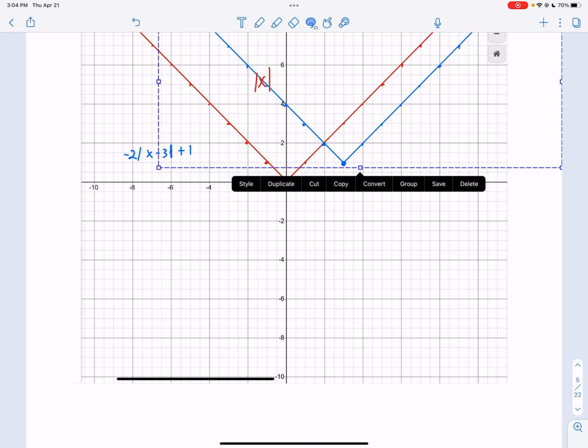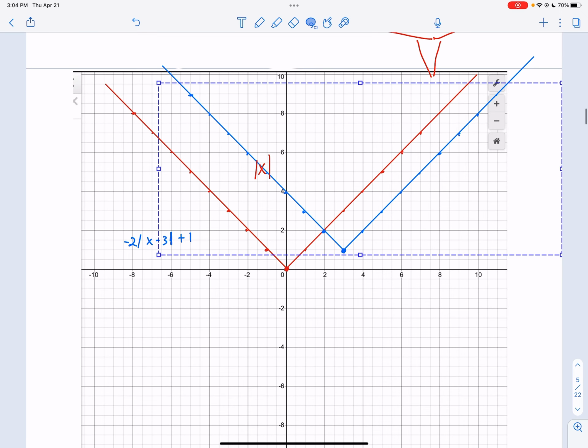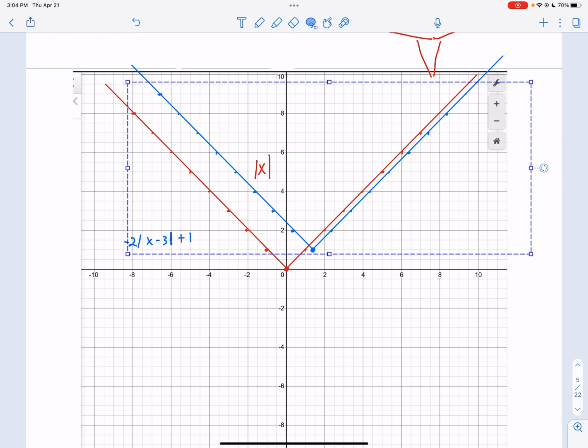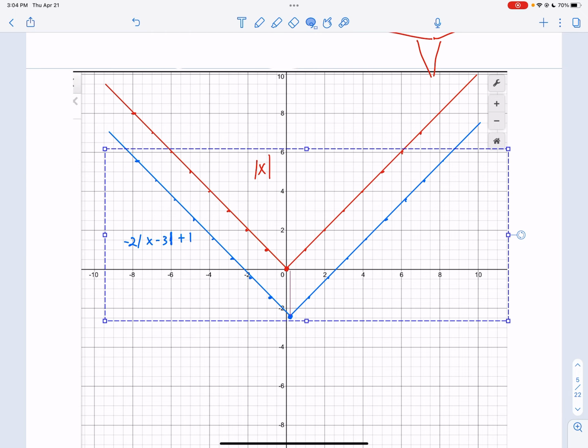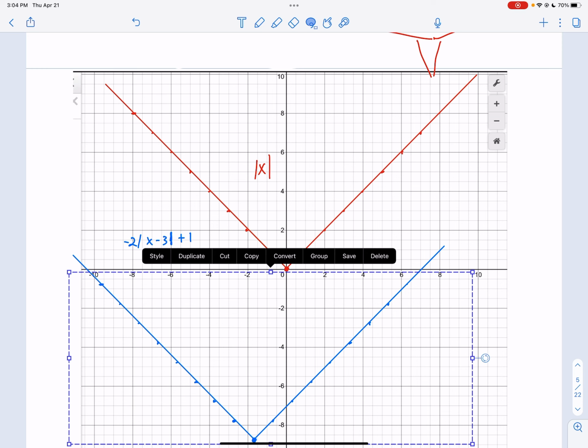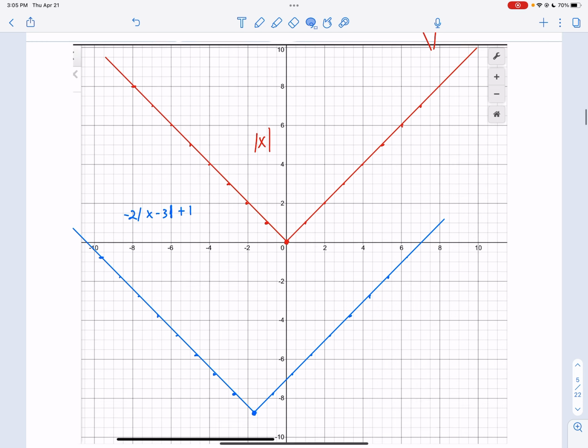Now, one thing I do want to note is we have this negative. So we've got half of our problem done. We've put our vertex where it needs to go. But I need to give myself a little bit more room. I need to select this in a better way.